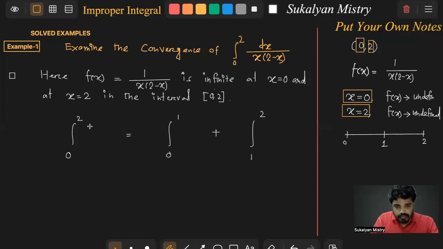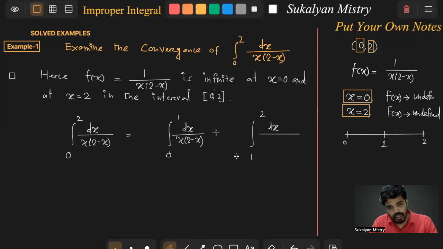So what is f(x)? f(x) is this. So integration 0 to 2 dx divided by x into 2 minus x can be written as integration 0 to 1 dx divided by x into 2 minus x plus integration 1 to 2 dx divided by x into 2 minus x. Now when I consider the left end, that is, we consider limit epsilon tending to 0, a plus epsilon.